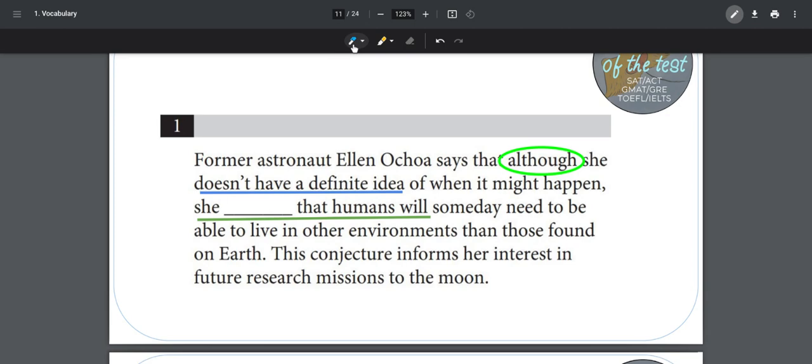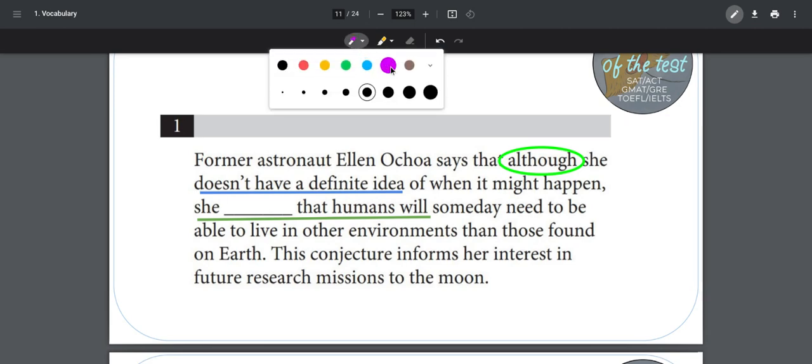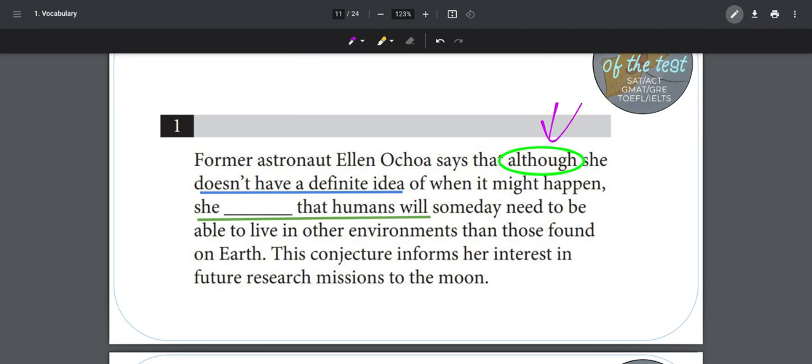So what are we looking for? We're looking for transition words: although. So why are we focusing on the although? Because it means that there is going to be a contrast somewhere. So what is the contrast about? Well, it's not about her, because that's what she says. So the although happens between this blue underline and this green underline portion.